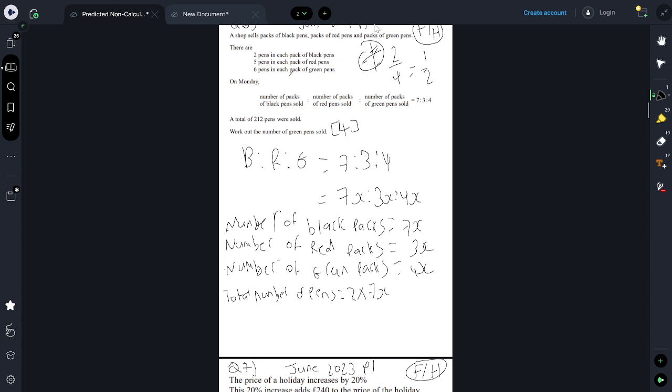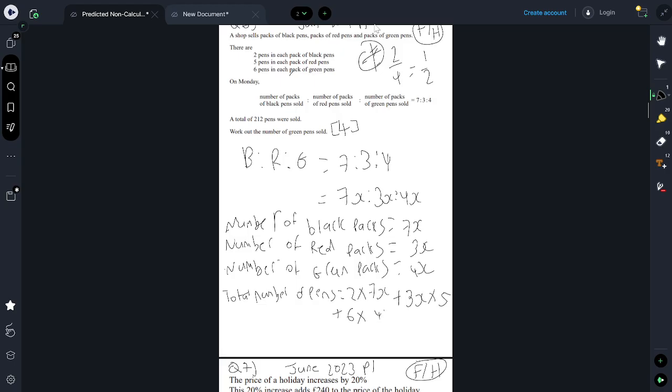In the same way, the number of red pens is going to be the number of red packs, 3x, times how many were in each pack, which is 5. And the number of green pens is going to be 6 times how many green packs there are, which is 4x.